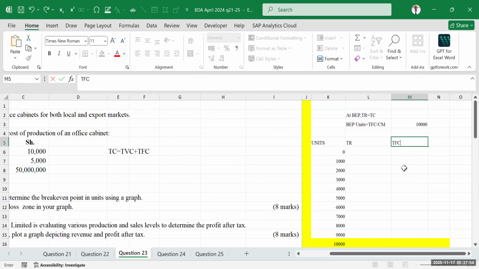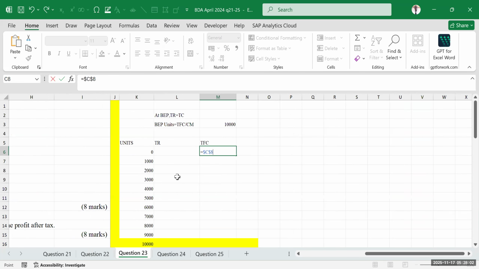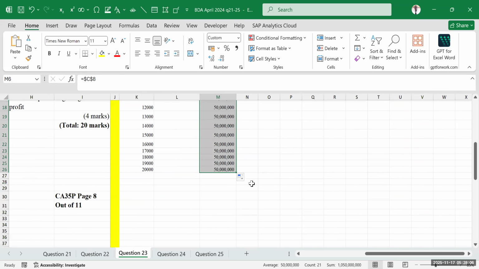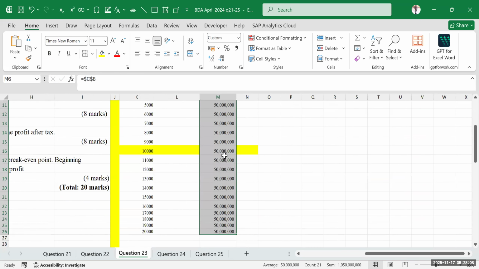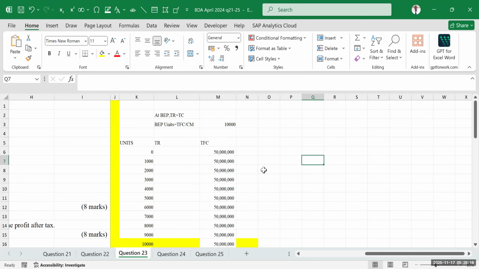So let's just bring the column of total fixed cost, and I just want to refer to our fixed cost given, and fully lock it, because that one remains constant within the range of data that we are working with. I've just double-clicked, and then I autofill all of it to the end. That one remains constant. What will keep changing is the aspect of total cost.